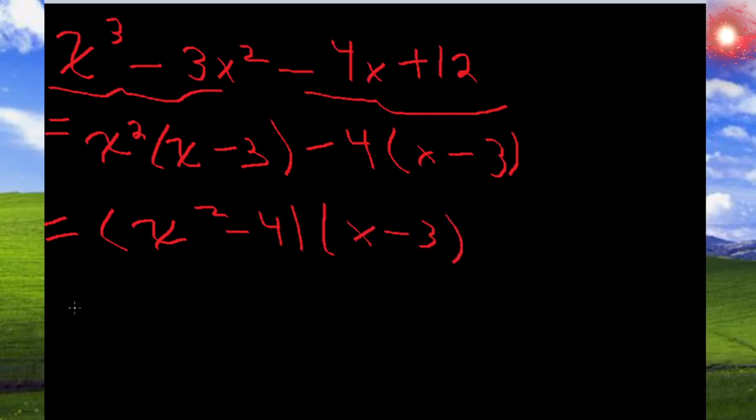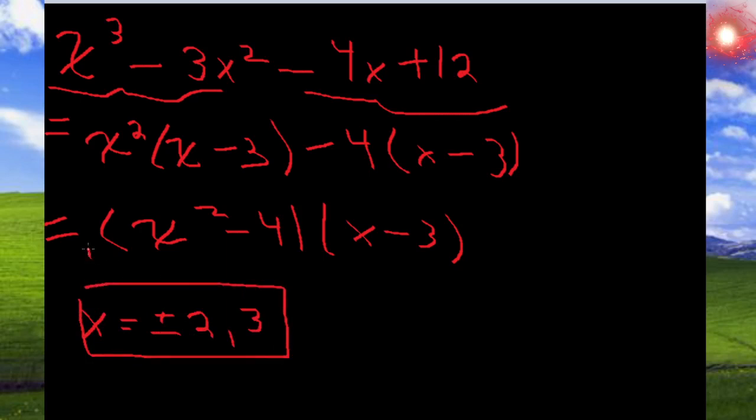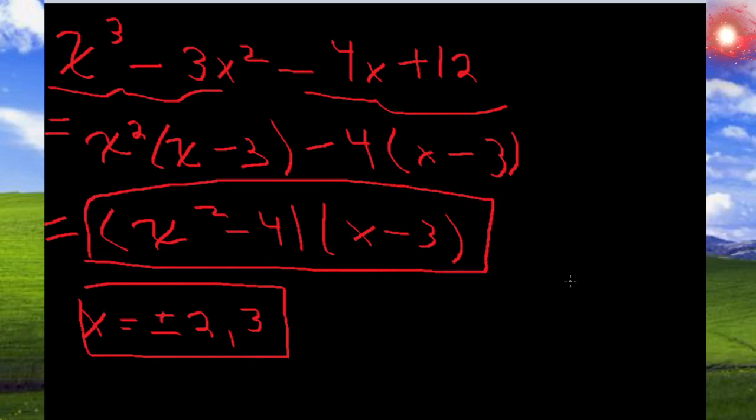And then my roots would be x is equal to 2, x is equal to -2 and x is equal to 3. So I'd say the answer would be this, and optionally you can also include this if the question was factor the following expression.